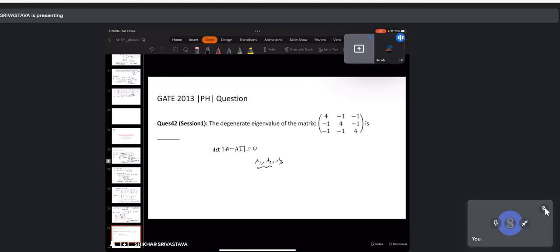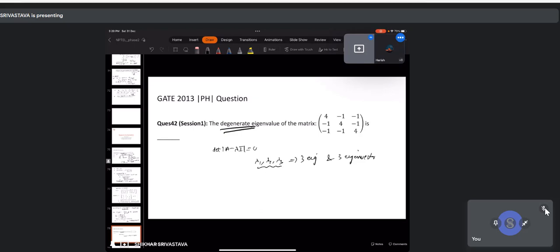Out of these three eigenvalues, what does the word degenerate actually mean? Suppose you got this 3 cross 3 matrix. You solve this and get three eigenvalues, and also three eigenvectors, one corresponding to each eigenvalue.